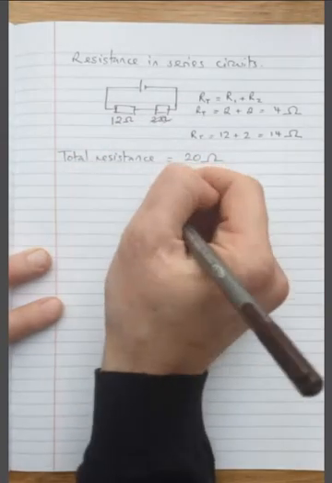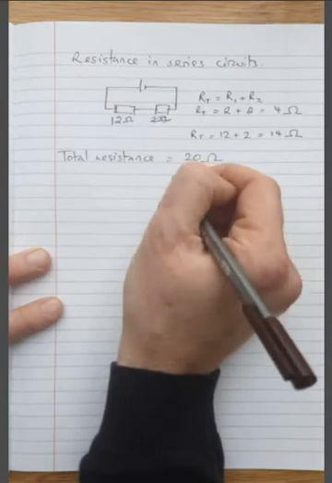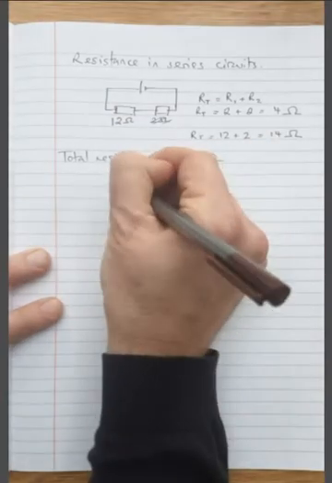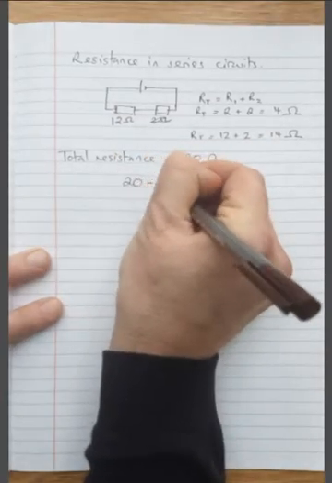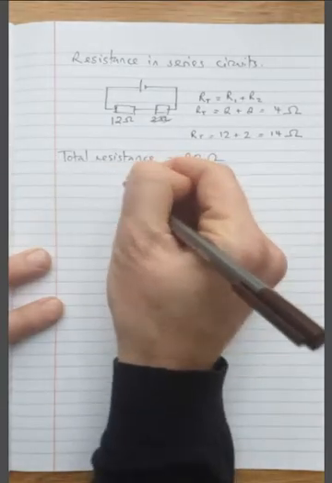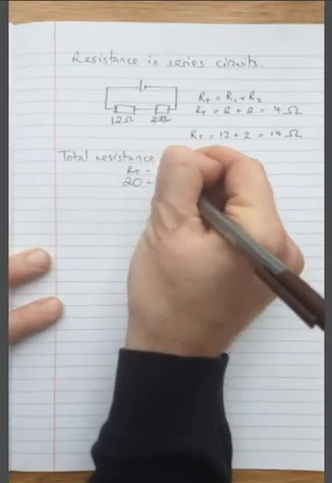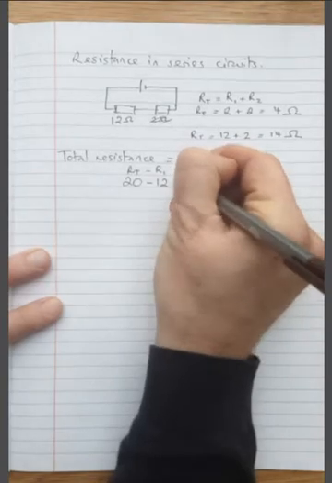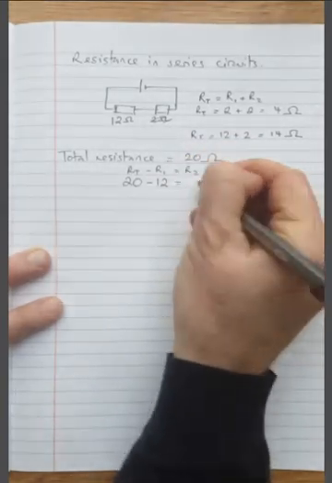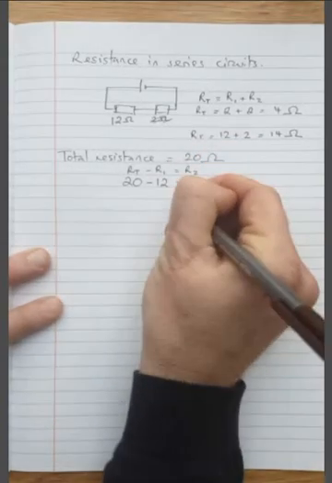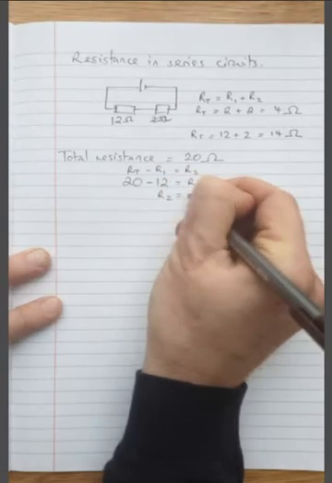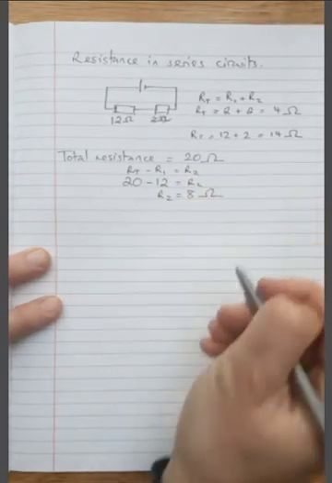So therefore, what I can do is simply 20 minus 12, so R total minus R1, so therefore R2 is going to equal 8 ohms.